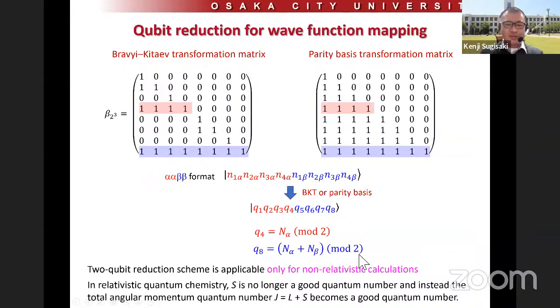we can reduce one qubit because the number of total electrons is already conserved in the computation. So even in the relativistic case, we can reduce Q8, because Q8 stores the number of electrons modulo 2. So this is already constant for a quantum chemistry problem.